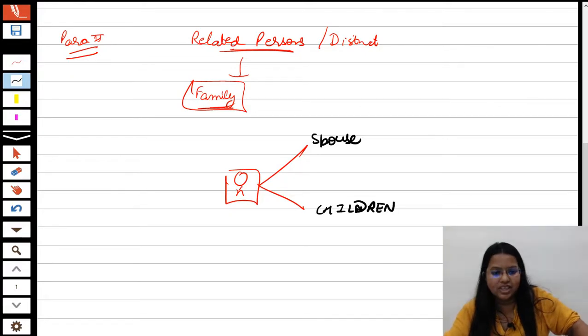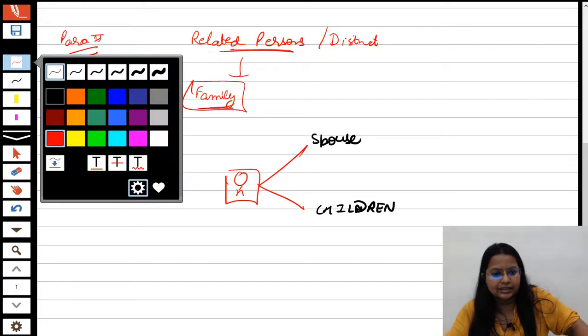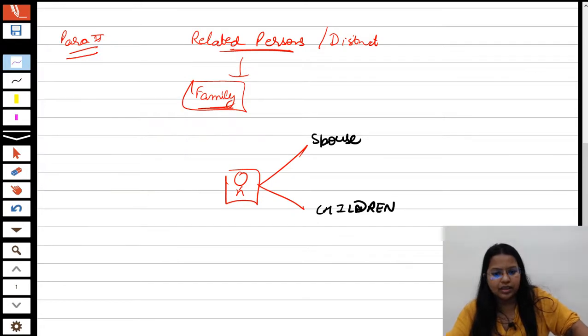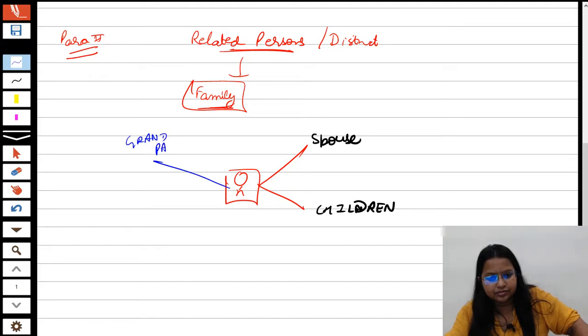Whoever wants to make this chart, can make this chart. Second point, students, is Chintamani's grandparents, that is grandmother or grandfather, parents, that is either mother or father, or brother or sister.